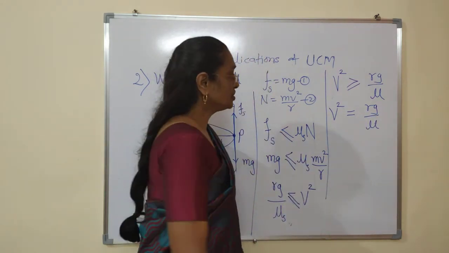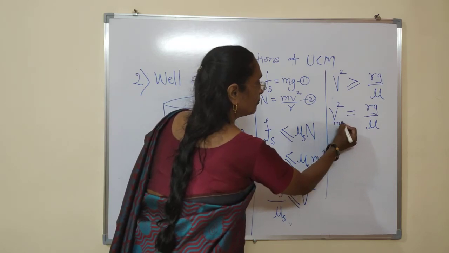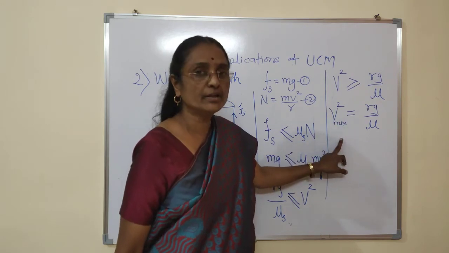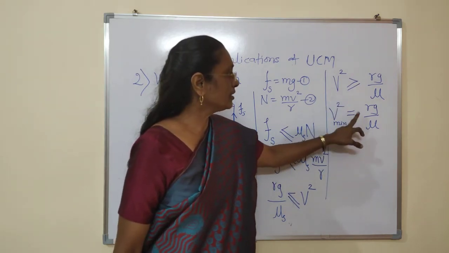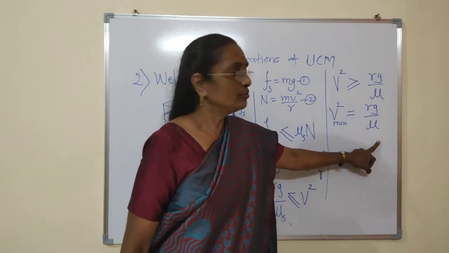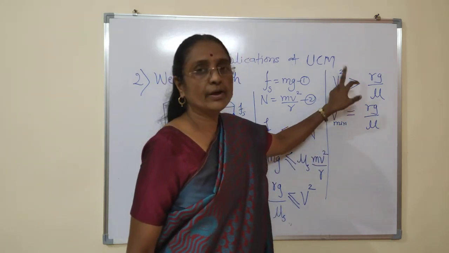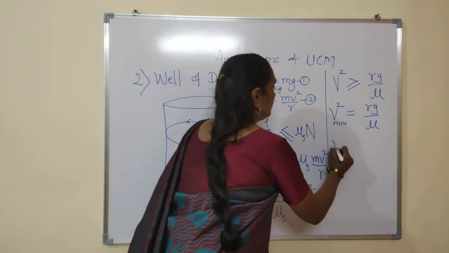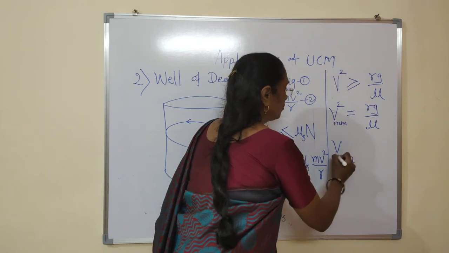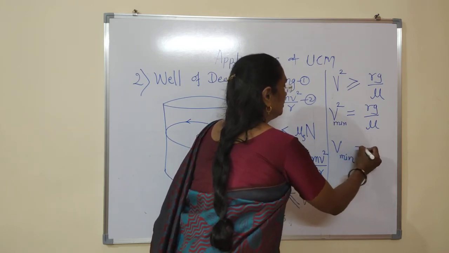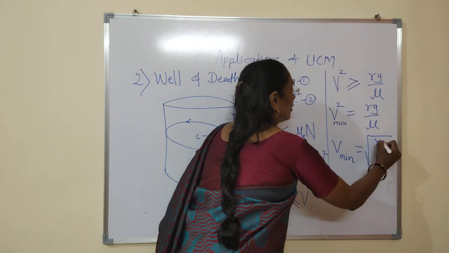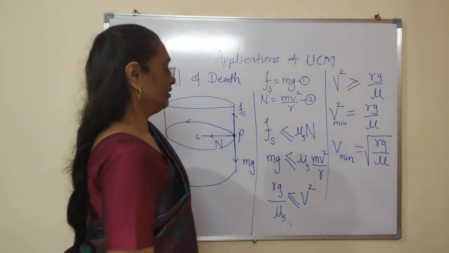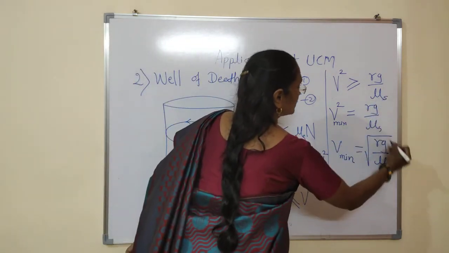And this is for the lower value of velocity, therefore it is denoted by v min. V min square is equal to rg upon mu. So the greater than inequality is avoided here for the minimum speed. So v min, or the lower value of velocity, is equal to under root rg upon mu s.